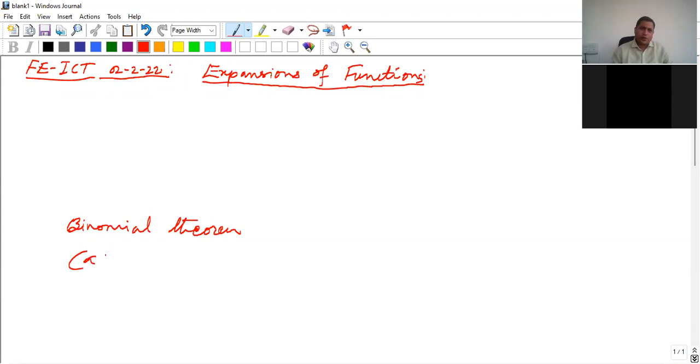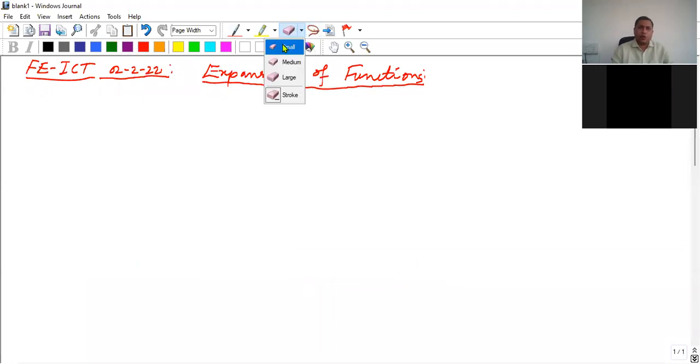In the binomial theorem, we take (a plus b) to the power n and expand it in powers of a and b. Here we'll try to expand the function of x, and let us see how we are able to expand it.